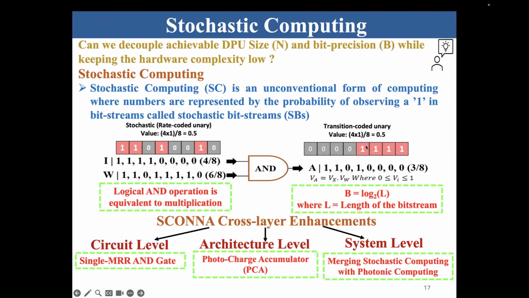For 4 time periods, you will have 1 and then 0. It's called transition coded. So it's quasi-analog, but you only have ones and zeros. And it's separate from analog time, because you are not really looking at the pulse width. You basically have individual bits, and you can achieve multiplication just by an AND operation over here. So I think you have to balance the pros and cons of both sides, and it has to be mixed signal going forward.